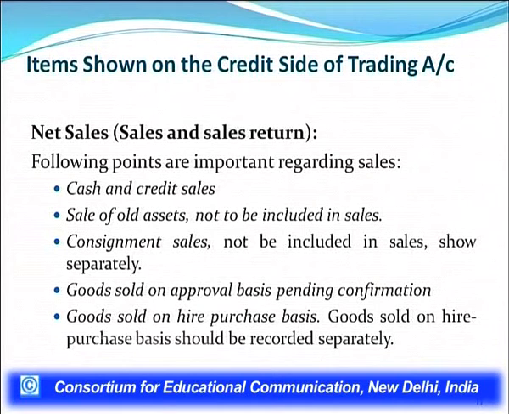There may be some goods which is sold on approval basis and the confirmation is pending. When goods is sold on approval basis, it means if the customer would like the goods, then he will keep it, otherwise he will return. So, if on the last date of the financial year or accounting year, when we are preparing financial statements, confirmation is pending, it means it is not the confirmed sale.